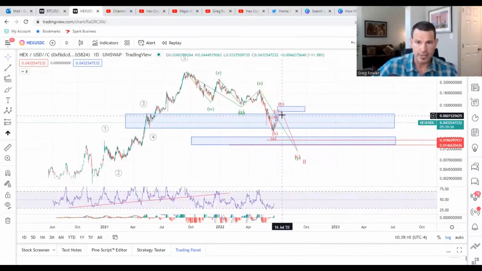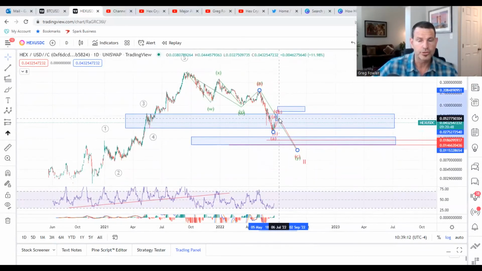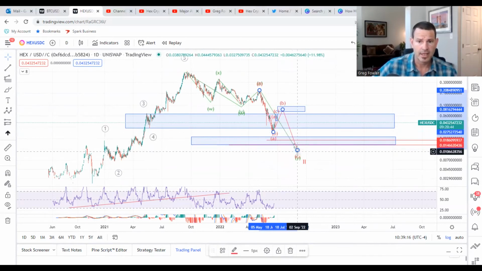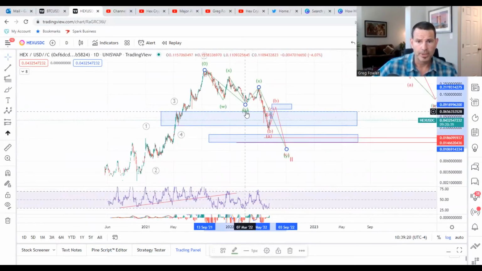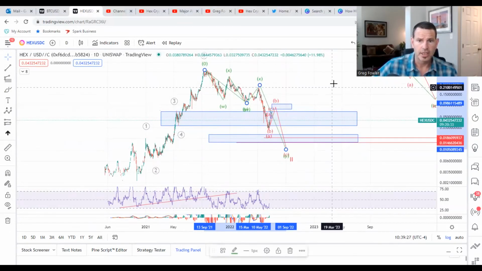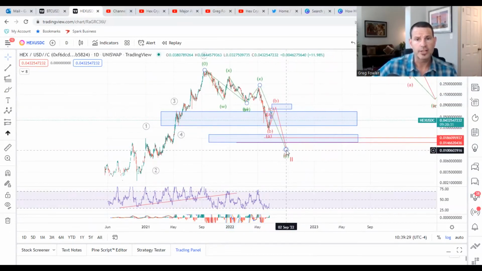That's why I'm saying this B wave is going to go up, let's say to 8 cents, and this C leg is going to finish it off. This whole big W and its connector wave are finishing off the correction, and at that point HEX will be finished with this correction.